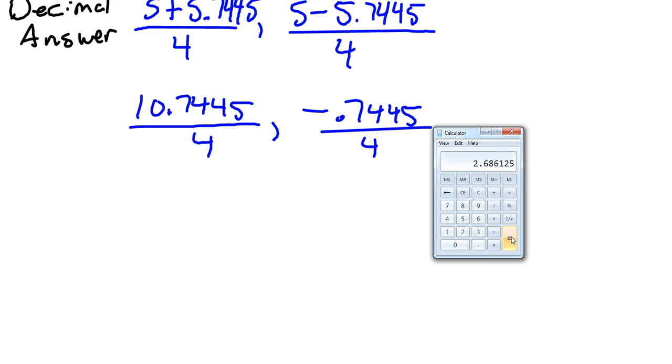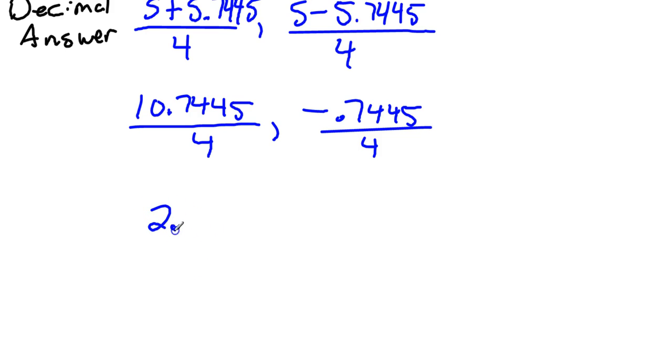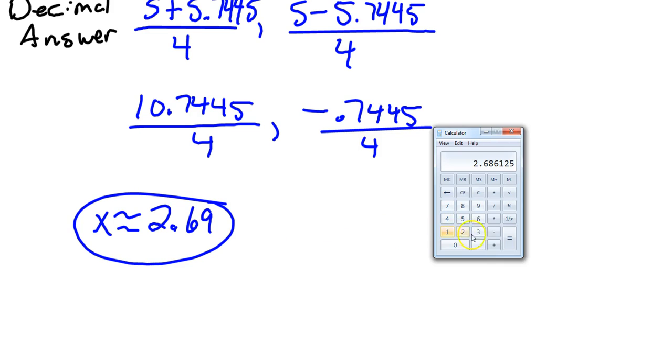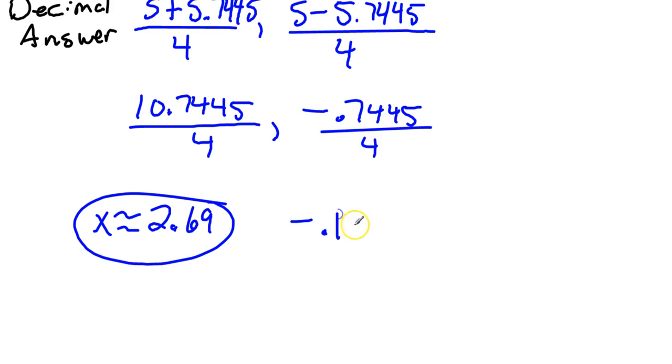So we get 2.686, so that answer would be about 2.69. And for the other answer, we get negative 0.7445 divided by 4. The answer just needs to be negative, so it's going to be negative 0.186 or negative 0.19.